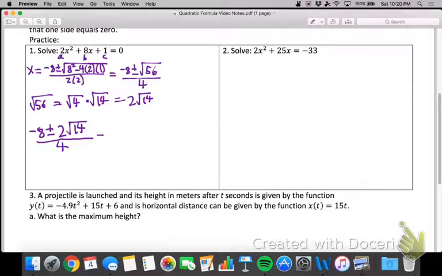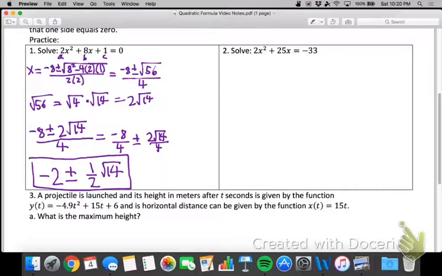So this is the same as negative 8 over 4 plus or minus 2 square root 14 over 4. We could simplify 8 over 4 to 2, so it's negative 2 plus or minus 1/2 times the square root of 14. And this would be considered the most simplified form of the answer.